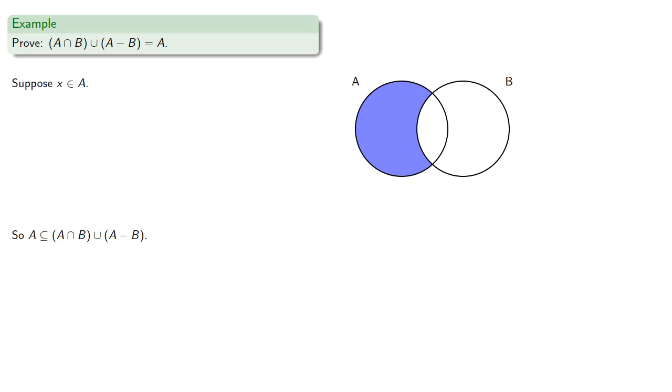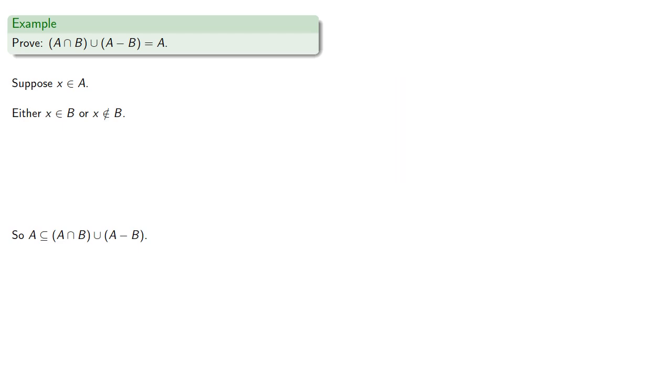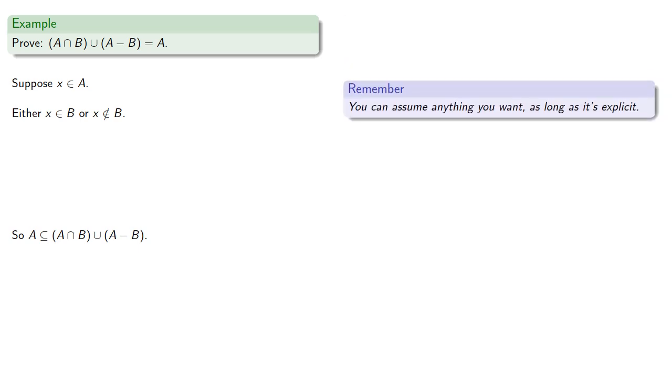And what that means is that either this element is in B or it isn't. So remember, you can assume anything you want as long as it's explicit. So let's assume that X is in B. Definitions are the whole of mathematics. All else is commentary.